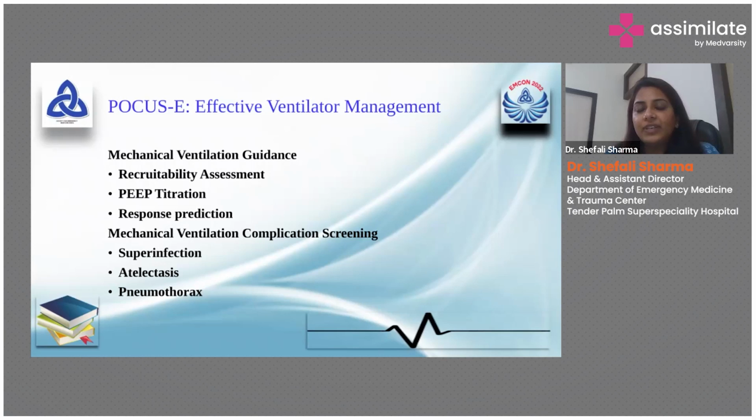Let's say we have kept the patient on a ventilator and the patient is now in the ICU. Using ultrasound only, you can check if there is atelectasis, like a bronchus plug has happened and that part of the lung is not getting ventilated. You can immediately check with ultrasound when there is a fall in saturation. You have checked everything, you have increased the FiO2, you have increased the PEEP, you have increased your pressures, and you have suctioned the ET tube, but still the oxygen is not improving.